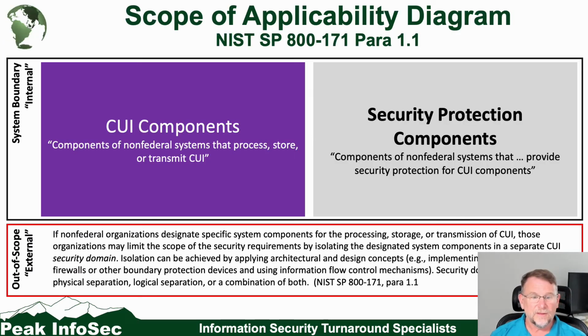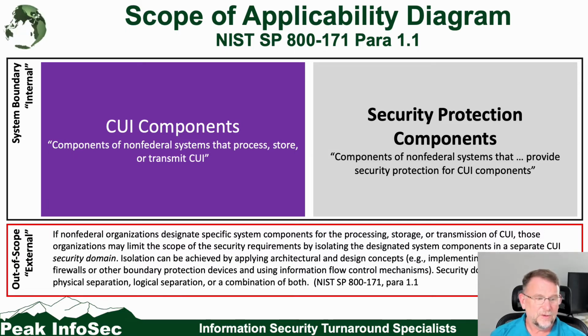So in our last session, we discussed the NIST 800-171 scope and how it came from NIST 800-171 paragraph 1.1. Well, how does this really fit? And how does the CMMC assessment scope fit within this?